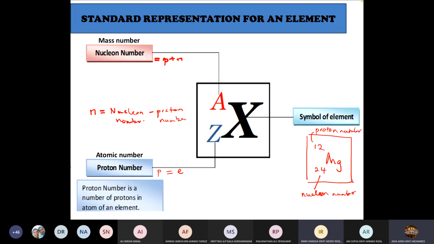Now, I want everybody to work out the number of electrons for magnesium. 12. Very good. And what is the number of neutrons for magnesium? 12 as well, because 24 minus 12. Perfect.